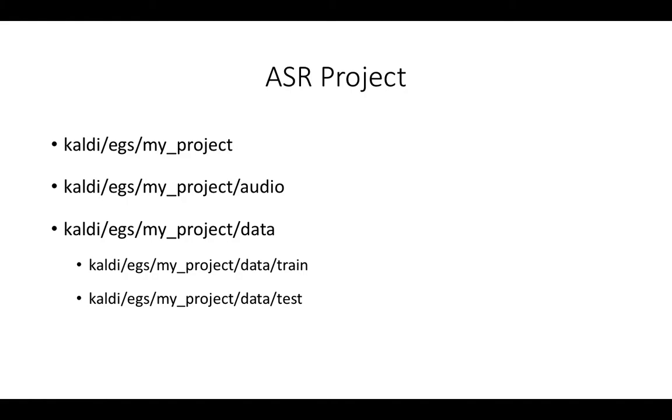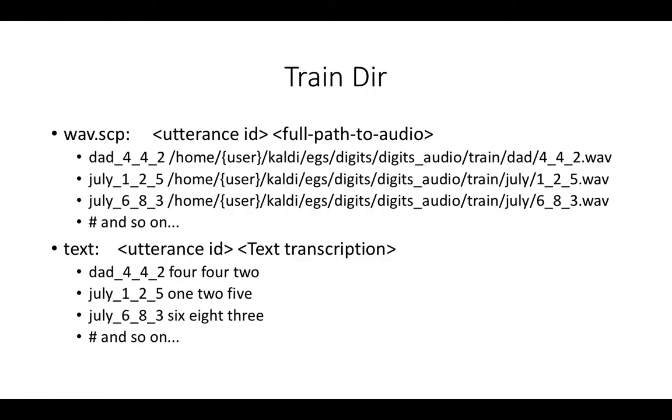Once these are done, the next step is to go to the train directory. In the train directory, we have some Kaldi formatting style files which need to be generated.